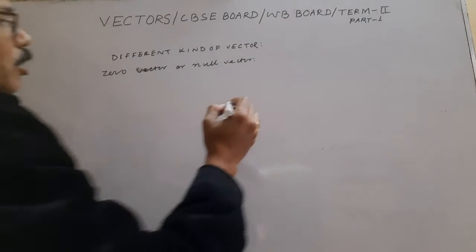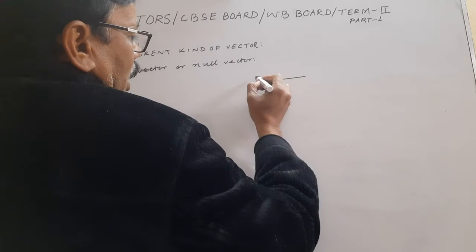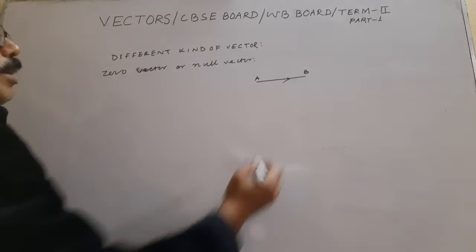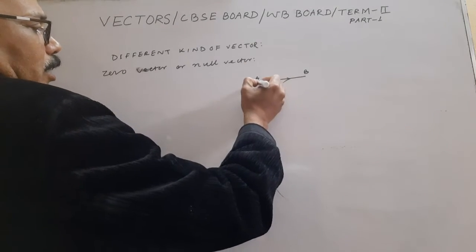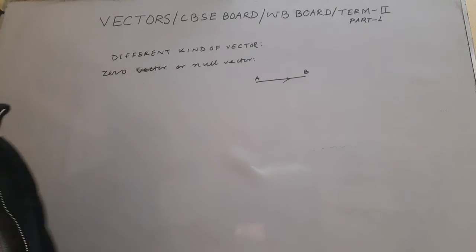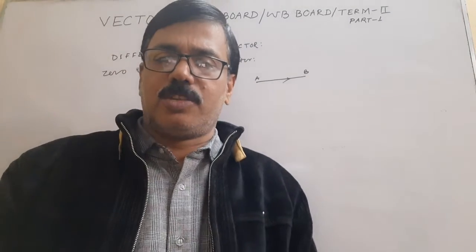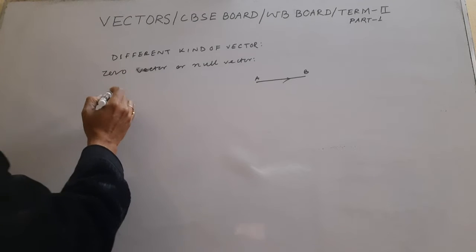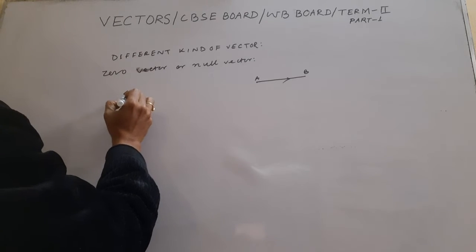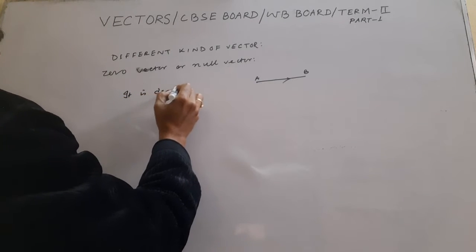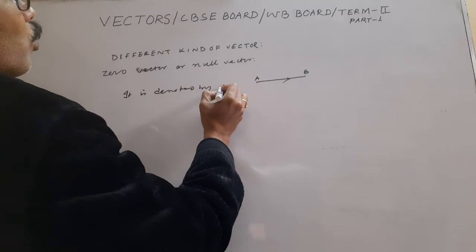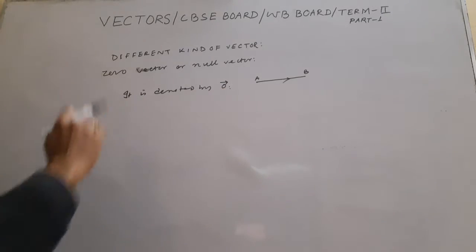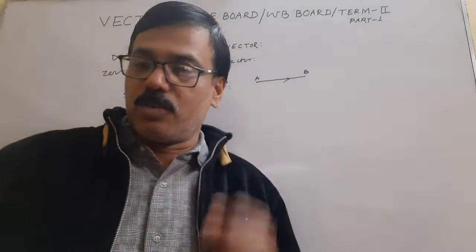So AB is a vector. If B coincides with A, then its magnitude is 0. A vector whose magnitude is 0 is called a zero vector, and it is denoted by O with an arrow overhead, magnitude 0.